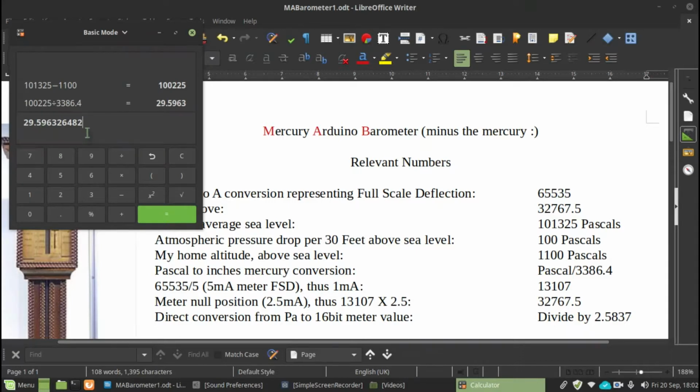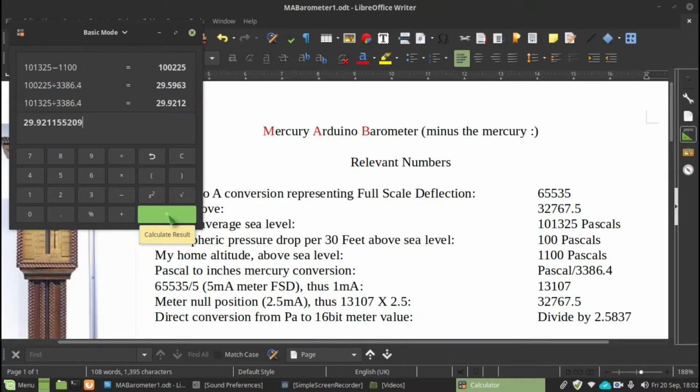Let me do it for the actual sea level one. So rather than where I live, let's go there, which is the normal average sea level barometric pressure. And let's divide that by 3386.4. And what is that equal? Right, 29.92.